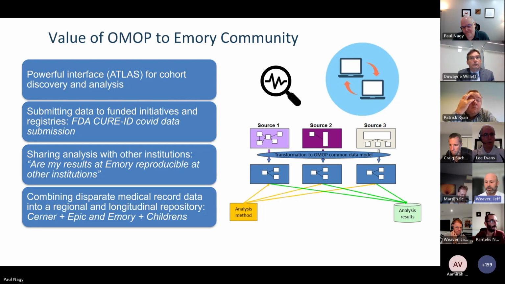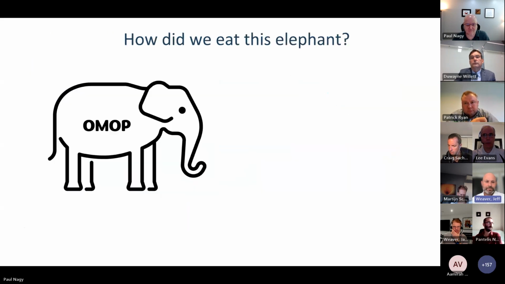If we value population health, if we value transition of care, if we value things like long-term outcomes, being able to put all that data together regionally is really a lot of value. And so this is something we've been talking to Children's with, we've been talking to Grady with, and we're really hoping to find some real momentum there. Next slide, please.